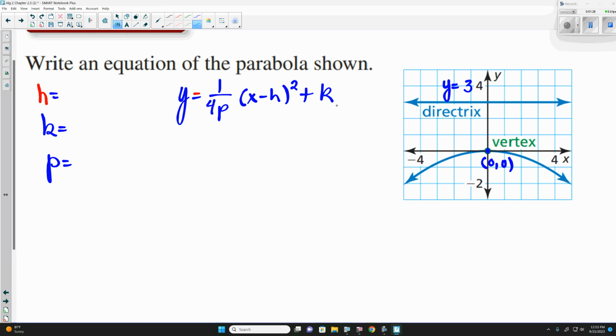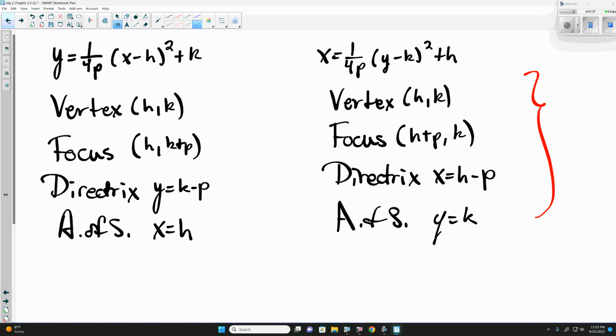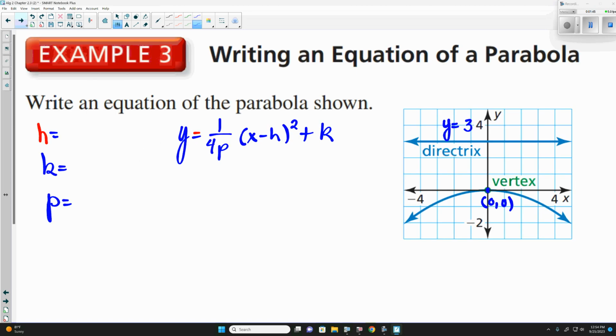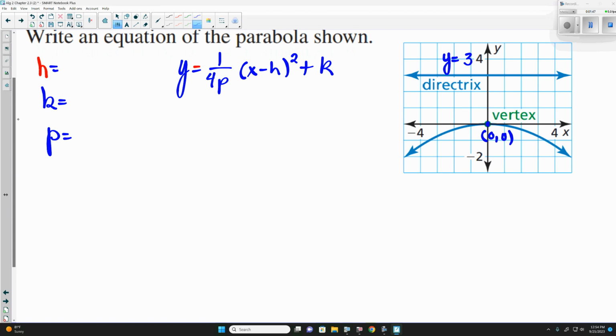The other way we could have known this was the equation we needed was from the directrix, because the directrix is y equals. There's only one of the two general forms that has a directrix of y equals, and that's this one here, y equals 1 over 4p times (x minus h) squared plus k. So we have this here.